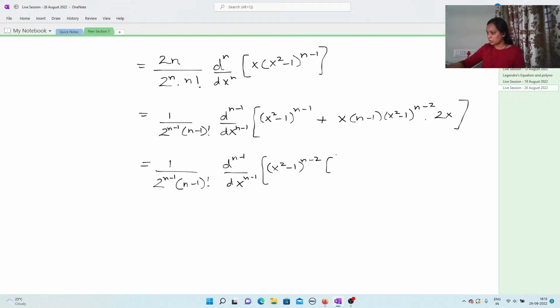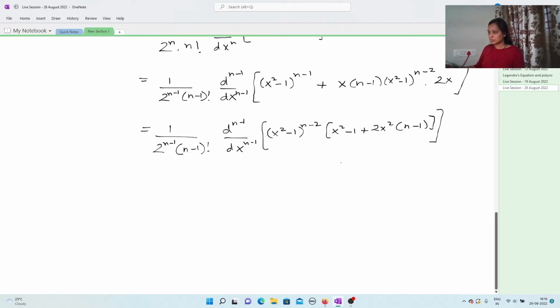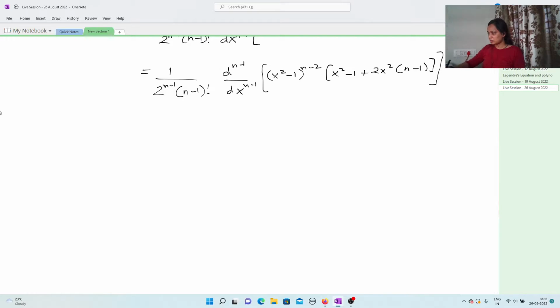Now what will remain is x square minus 1 from here. Now what will be remaining here? Plus 2x square into (n minus 1). Okay. So yeah, this is what we have now.